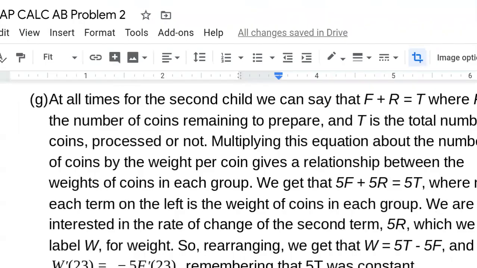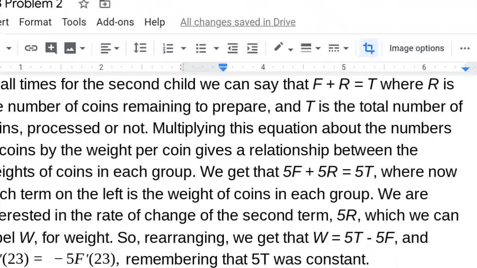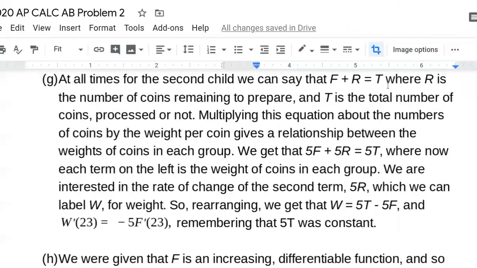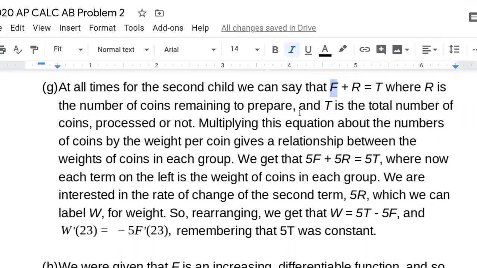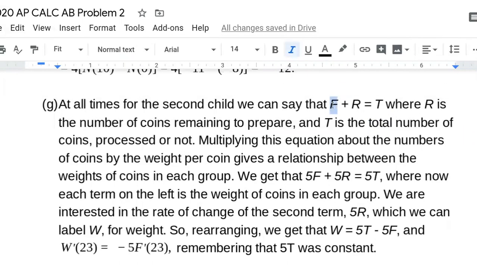At all times for the second child, we can say that f plus r equals t, where I've let r be the number of coins remaining to prepare, and t the total number of coins processed or not. This makes sense, right? There's no coins disappearing. The amount of coins that are finished processing, that's the function they gave us, plus the number remaining to be processed would be the total number of coins.